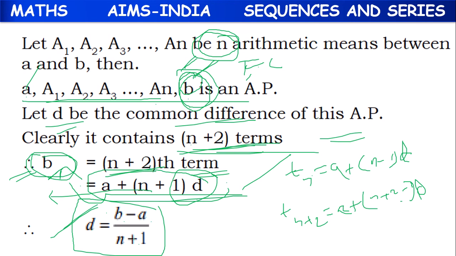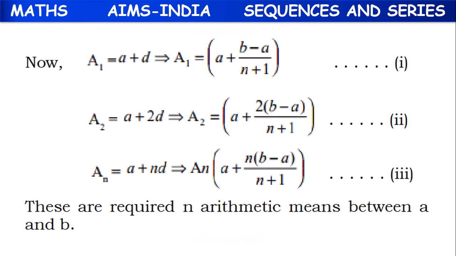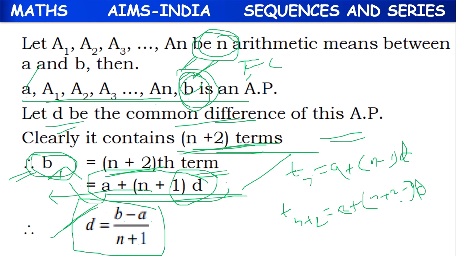Which means if the first term is a and the last term is b, and you are going to insert n arithmetic means between a and b, then the formula for common difference d is b minus a, last term minus first term, by the number of arithmetic means plus 1, n plus 1.